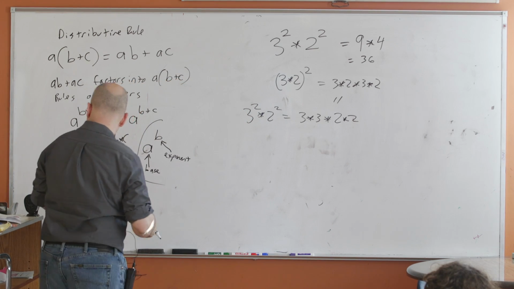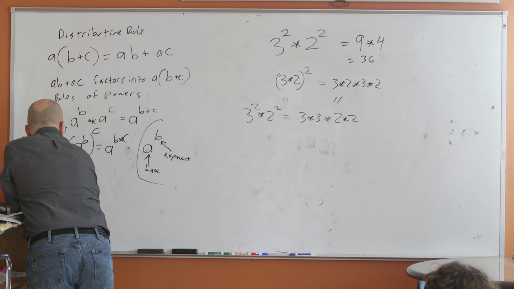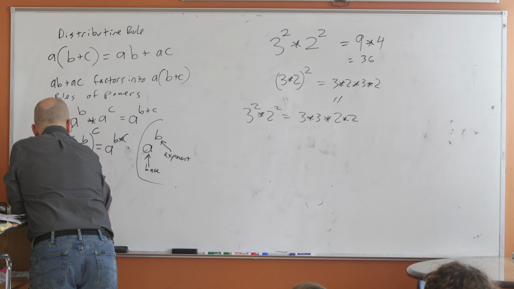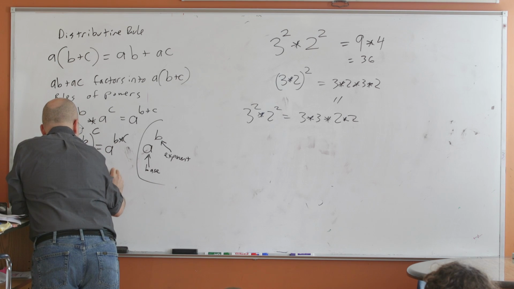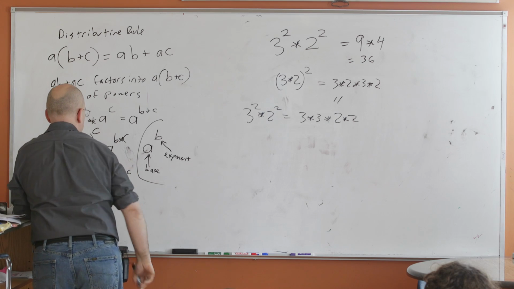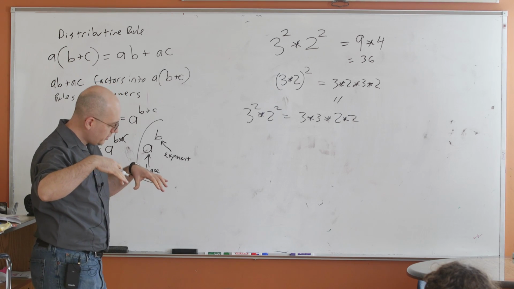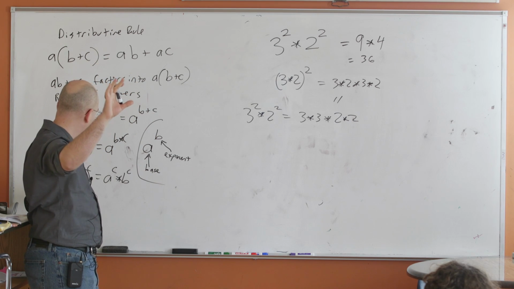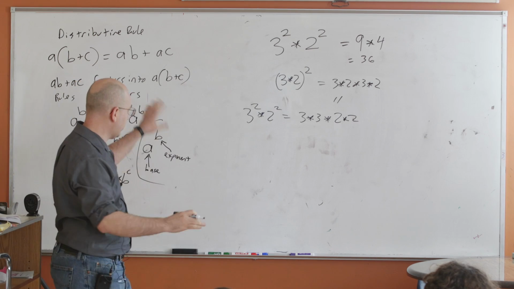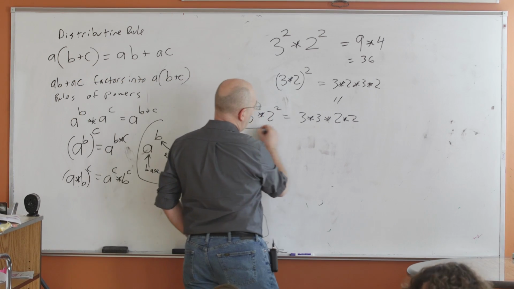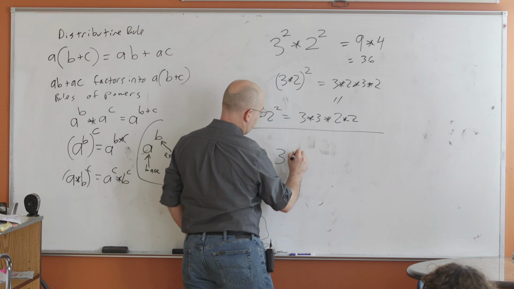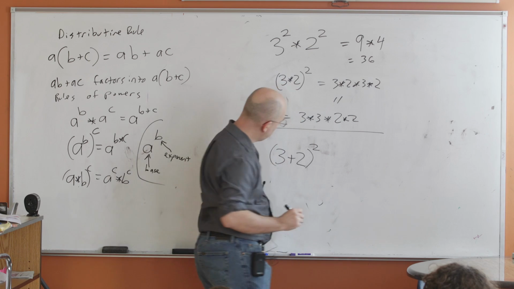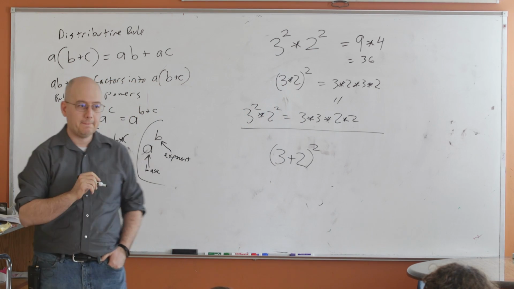So basically a times b, to the c is a to the c times b to the c. So for a power outside of a product, you can distribute it inside or factor it out, depending on what you're trying to do. Now, what about 3 plus 2 squared? Can I do anything with that?